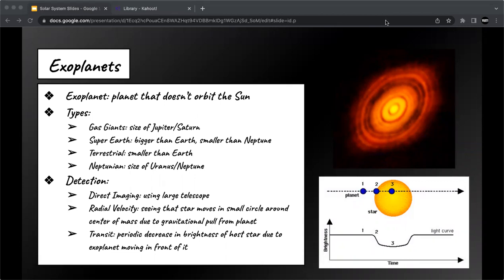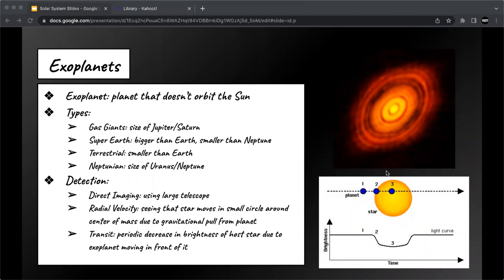And we also have detection, like how do we find these exoplanets? First, obviously, we have direct imaging, which we just use a large telescope. These are better for warmer or brighter or bigger exoplanets, because you can obviously see them easier.